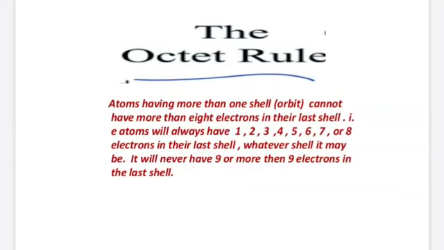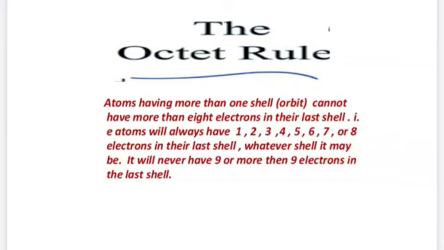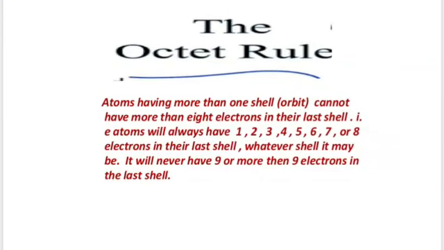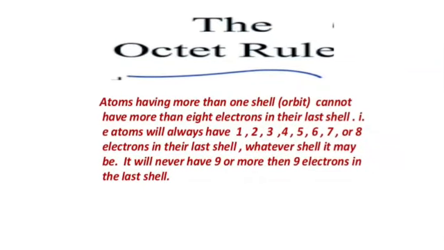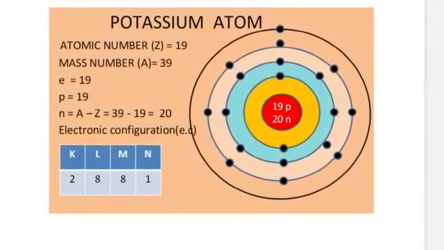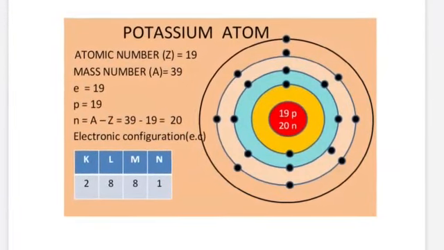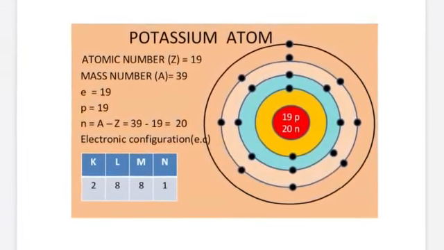But since the outermost shell of an atom cannot have more than 8 electrons, the third shell can accommodate only 8 electrons. And the remaining electron occupies the fourth shell, N shell. Therefore, the electronic configuration of potassium is 2, 8, 8, 1.